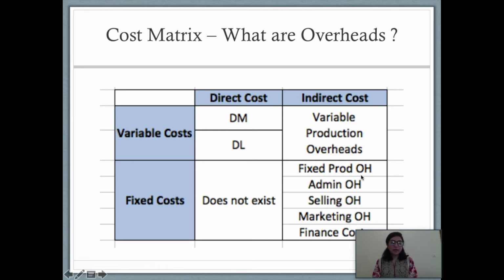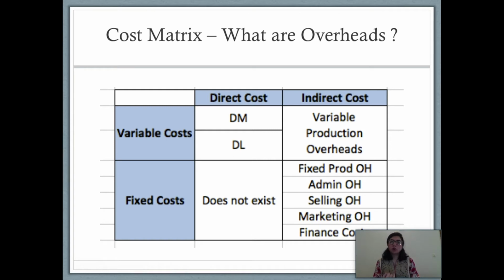Then we have other types of overheads which are non-production related. They have nothing to do with production. They're only the support part. So we have administrative overheads, selling overheads, and marketing overheads. OH stands for overheads. And then we have finance costs.